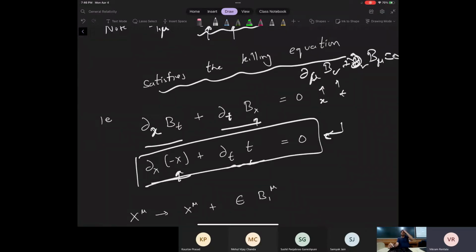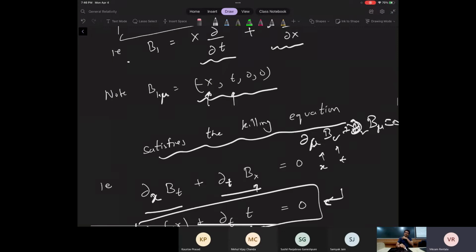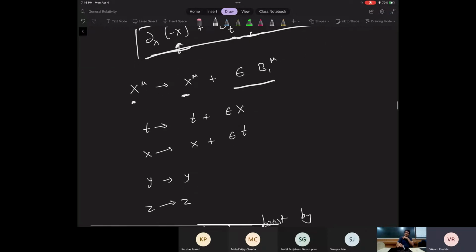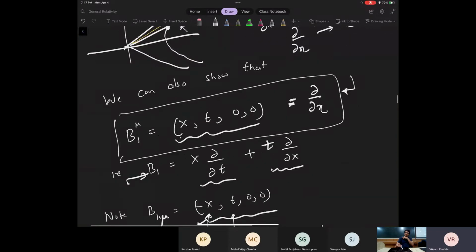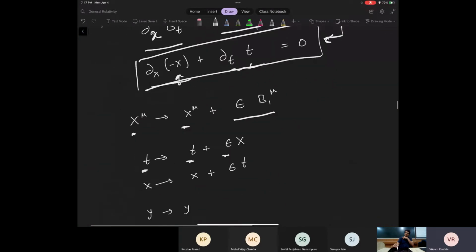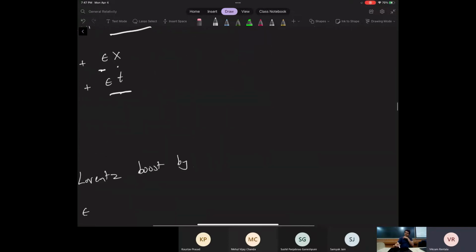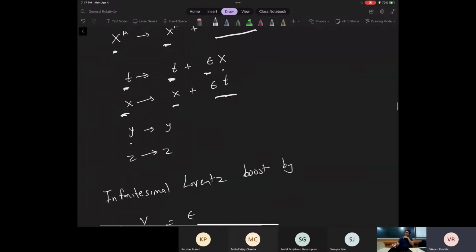Now you can ask what happens to my coordinates under the flow generated by this b1. Under b1, x mu goes to x mu plus epsilon b1 mu, which means that t goes to t plus epsilon x, and at the same time x goes to x plus epsilon t, while y goes to y and z goes to z. But what is this? This transformation is really an infinitesimal Lorentz boost.